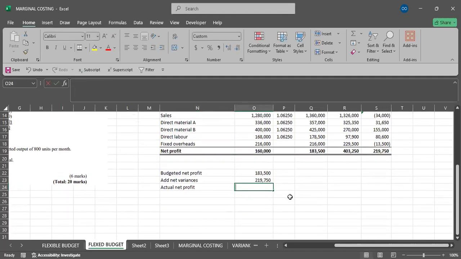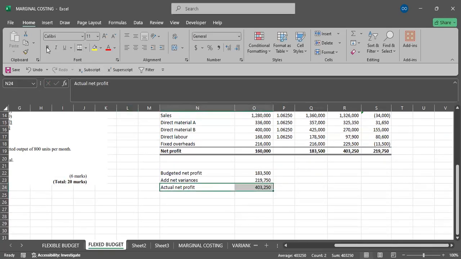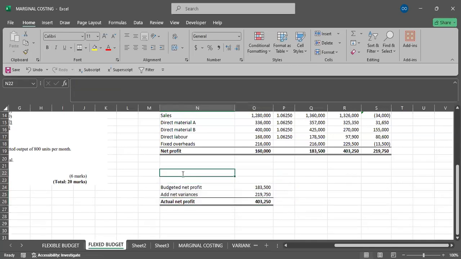Then I add the two. It should give me actual net profit. So this is what we normally call the reconciliation statement.